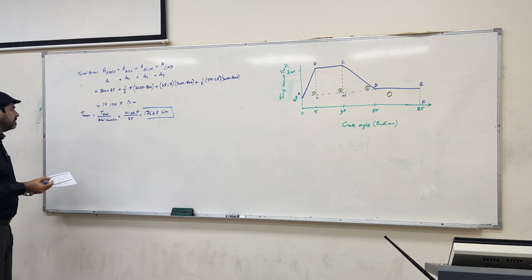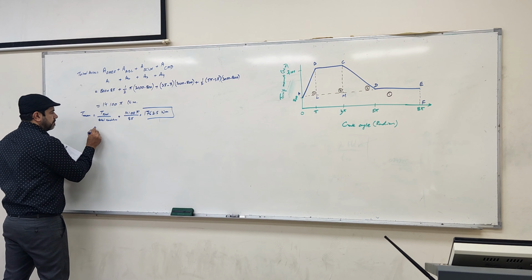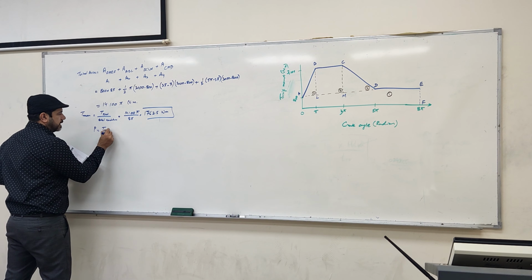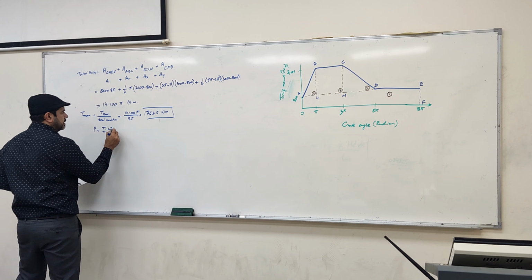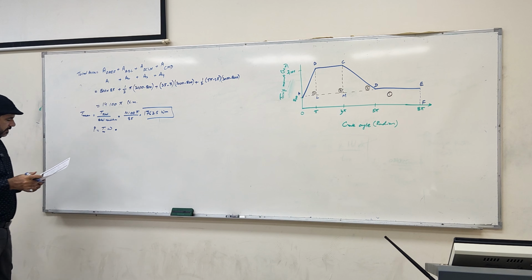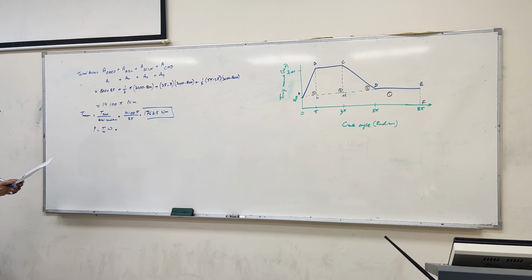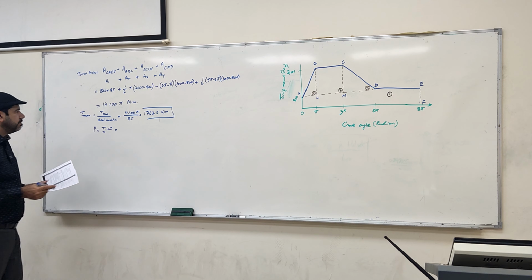Once we get the T mean value, all we need to do is to find out the power of the motor, which is equal to T omega. But which torque? The mean torque. What is the omega value over here? Which is given over here as 250 RPM.